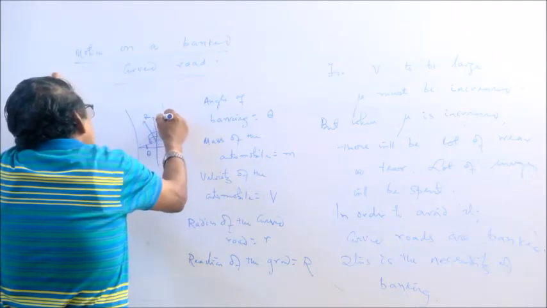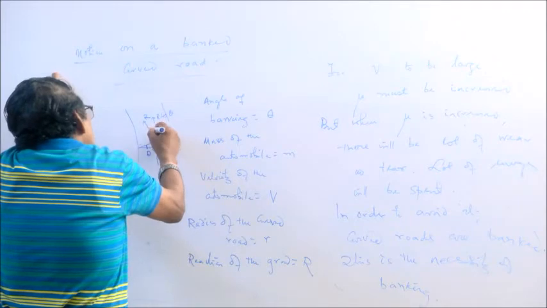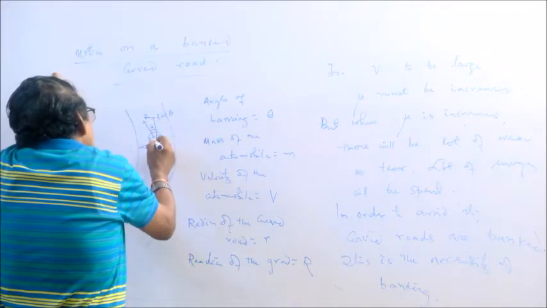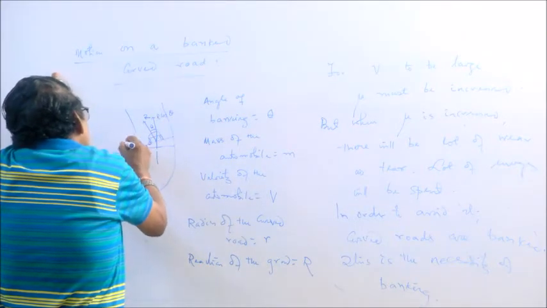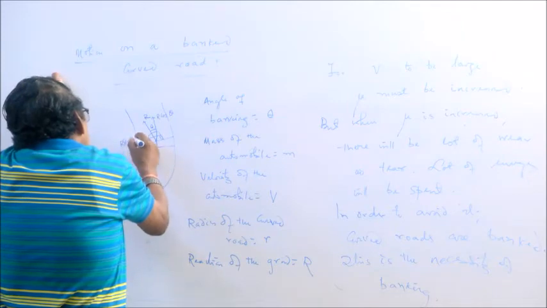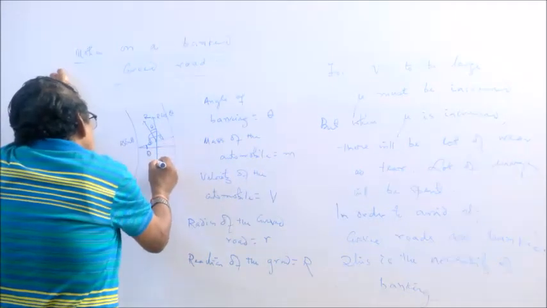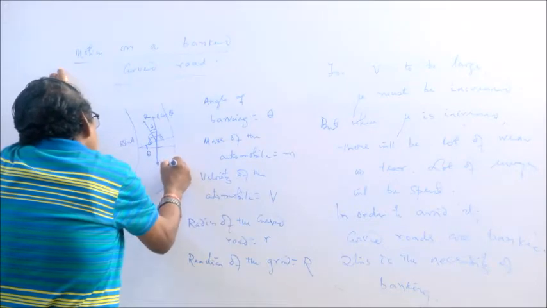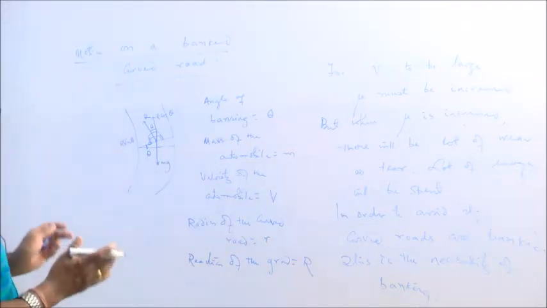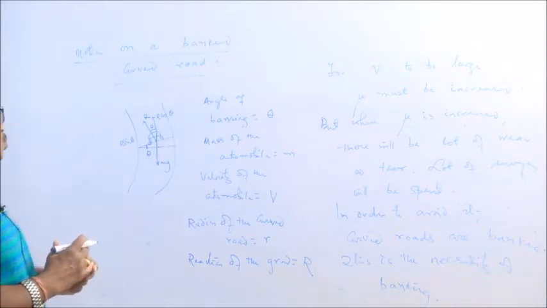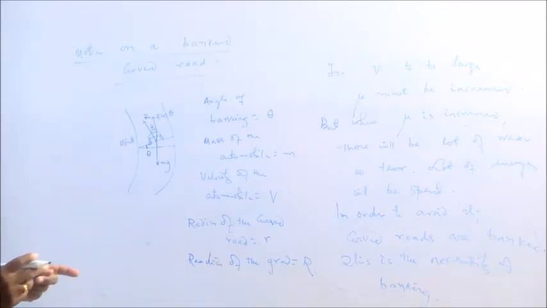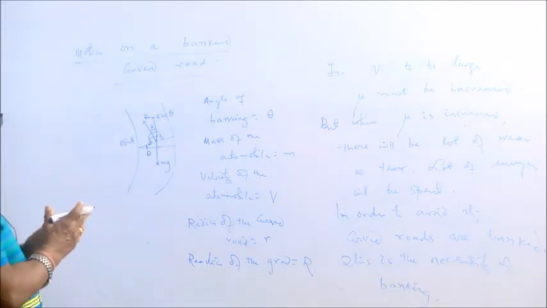This angle is theta; this is R cos theta, this is R sin theta. Weight is mg. This is how the automobile is placed on the road. The reaction of the ground is R, and theta is the angle of banking.